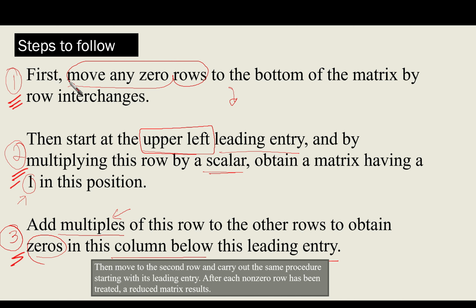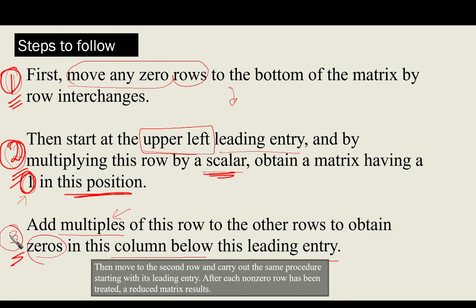First, move any 0 rows to the bottom of the matrix by row interchanges. This is the first rule. Second, start with the upper left leading entry, and by multiplying this row by a scalar, obtain a matrix having a 1 in this position.